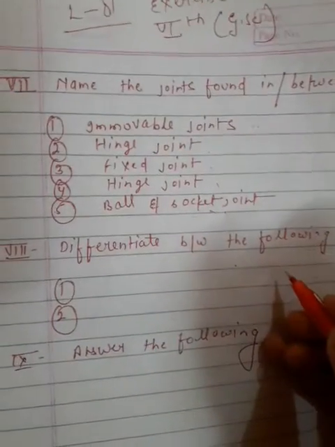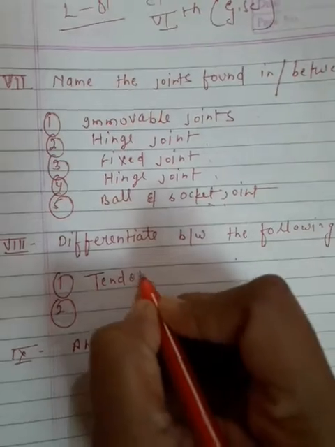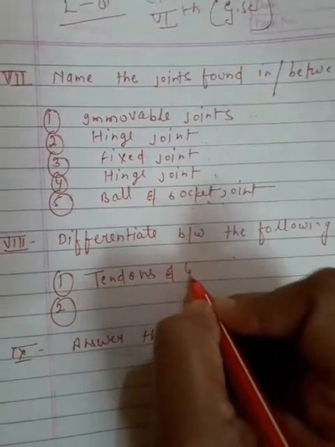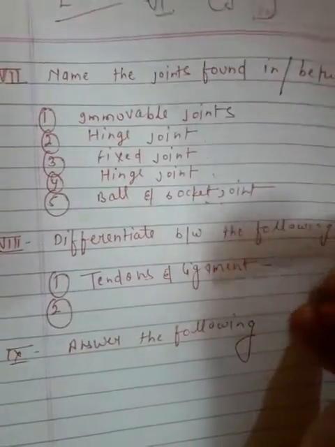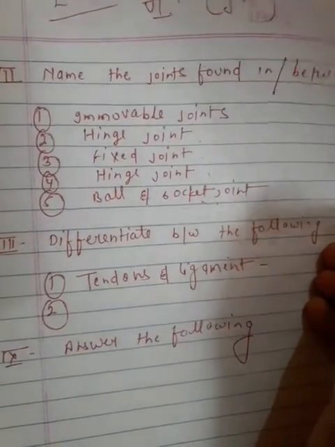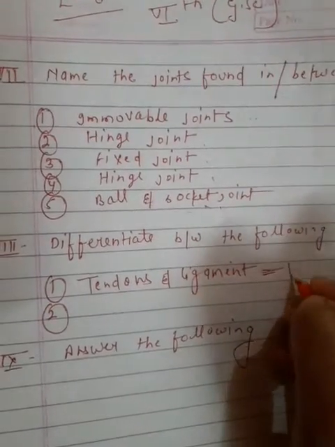And differentiate between the following: tendons and ligaments. Tendons I told you to write from page number 91, and ligaments you have to write from keywords.